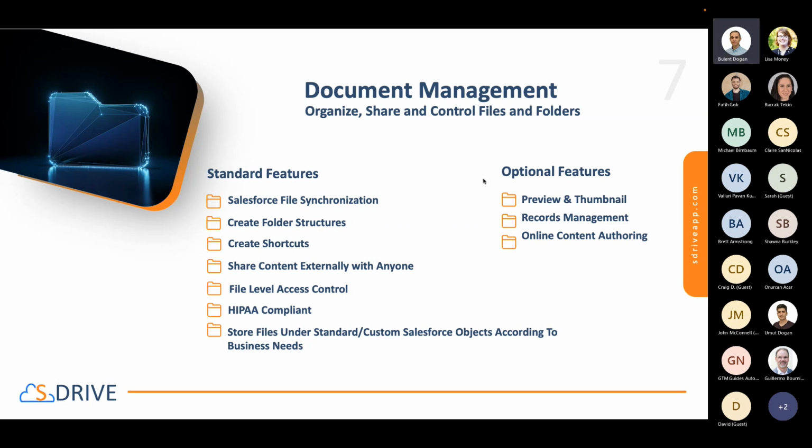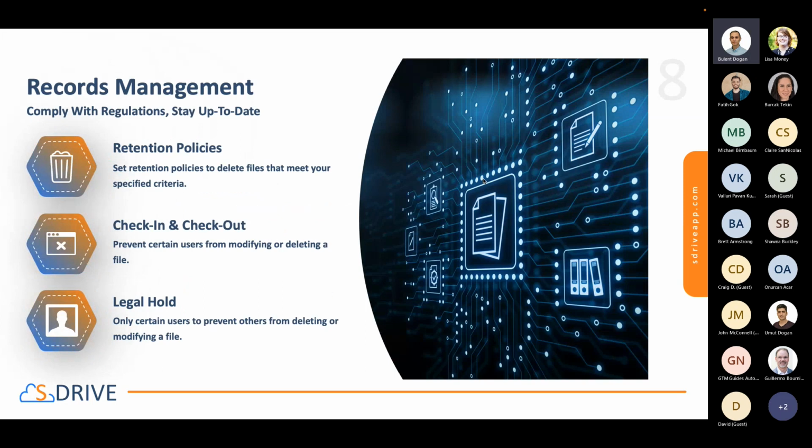Optional features include preview and thumbnail generation, records management, and online content authoring, which is online Microsoft Office document editing. Records management includes retention policies, check-in, check-out type of features for additional versioning features, and legal hold.